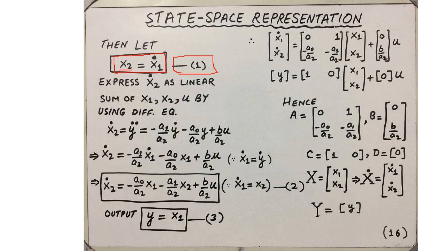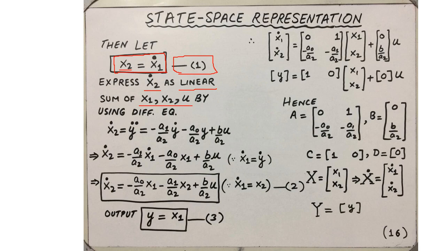Now we proceed to represent x2 dot. The second state space equation requires us to express x2 dot as a linear sum of the state variables and or the input.